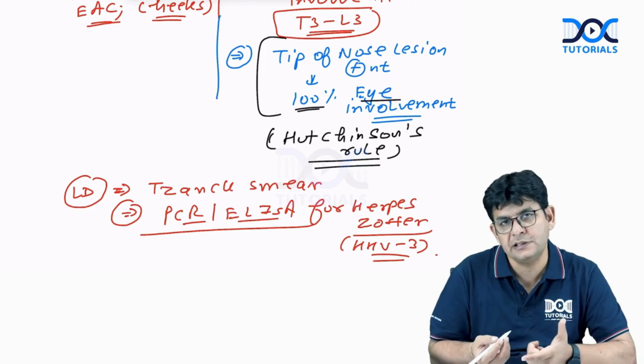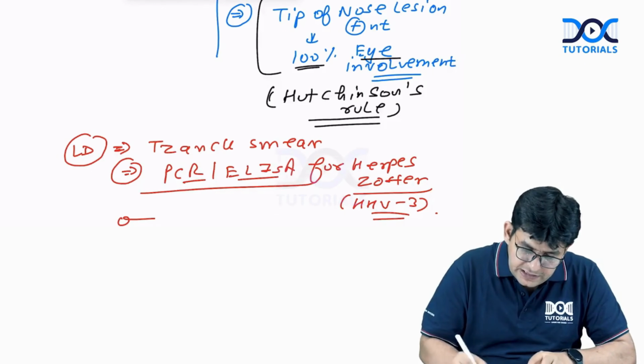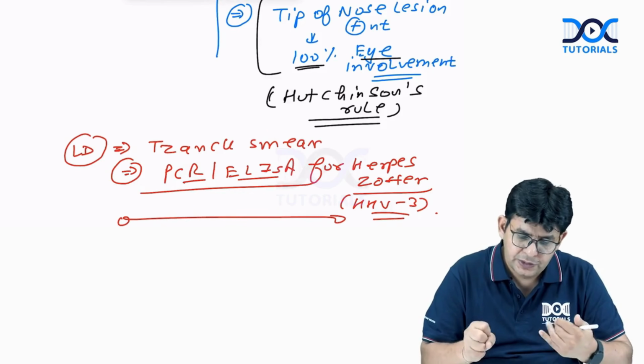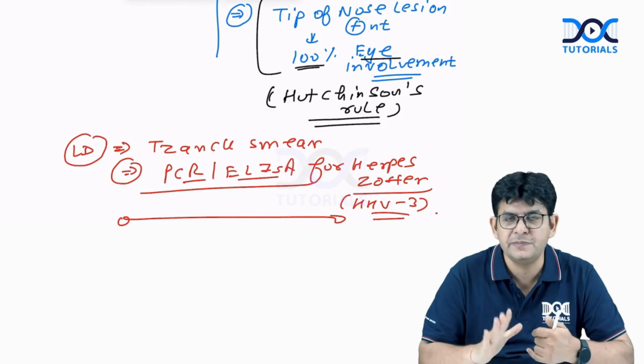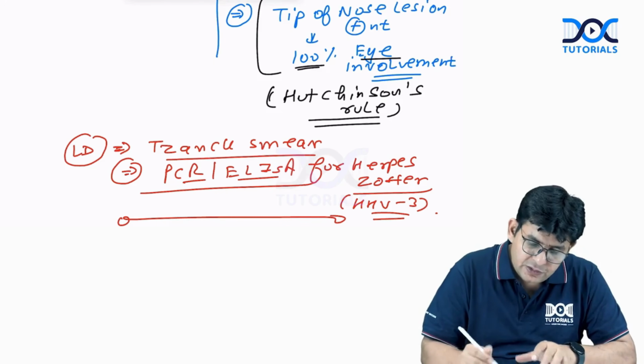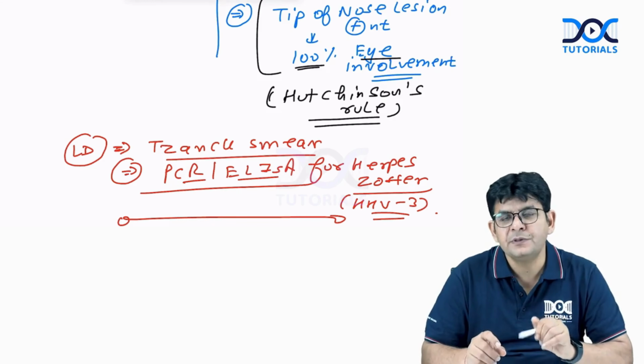The virus is HHV3, human herpes virus 3. So this is there for both chickenpox and herpes zoster: you will go for PCR and ELISA, and the Tzanck smear also can be used.